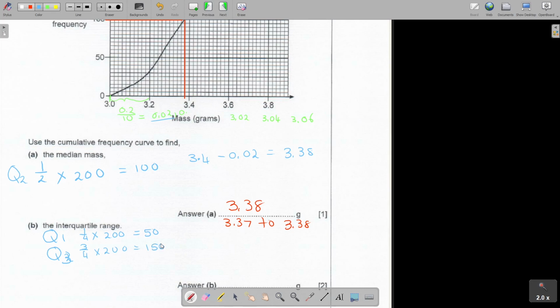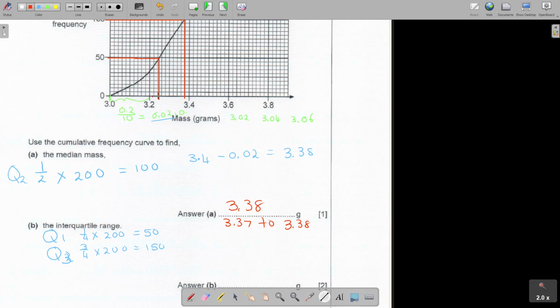So I'm going to go back to the graph, and I'm going to go to 50. Okay. And I want a nice pen, and I want a nice color. And where it cuts, just go down. Okay, and now this is 3.22, this is 3.24.